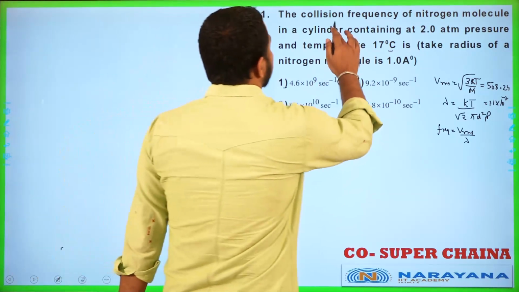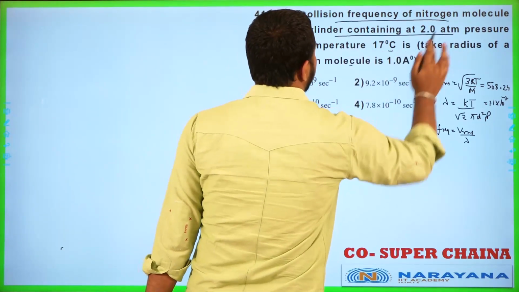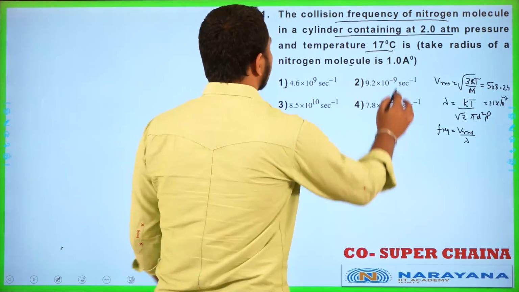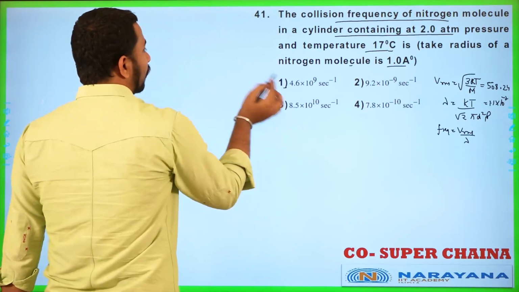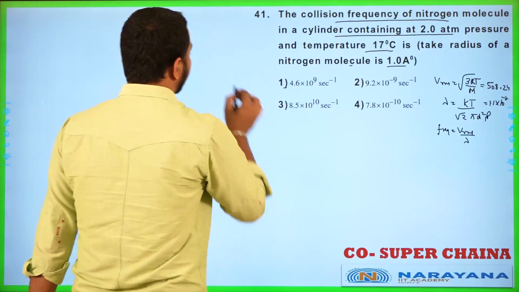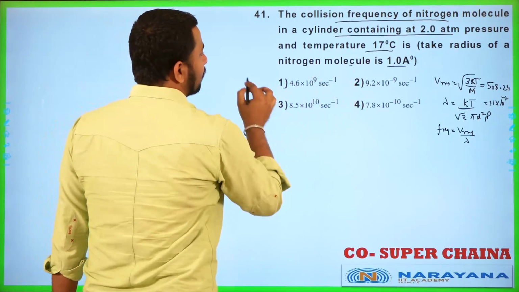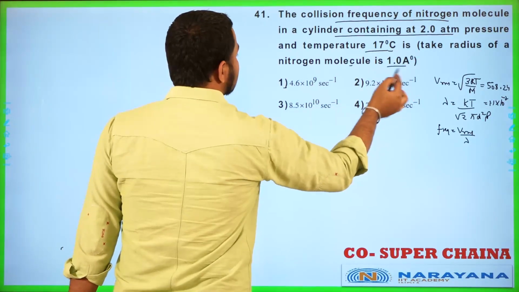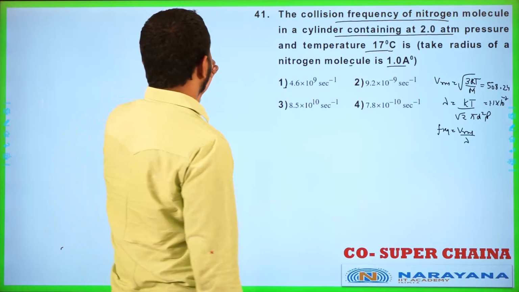A collision frequency of a nitrogen gas molecule in a cylinder at 2 atm and the temperature of 17 degree. The radius is 1 angstrom. So student, here D will be, the radius is given, so from here we can find the D value.